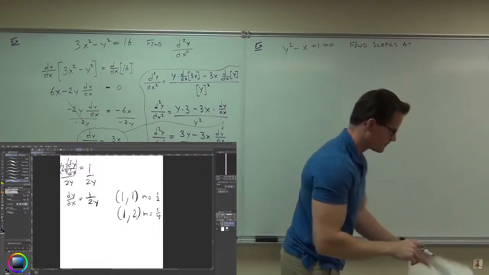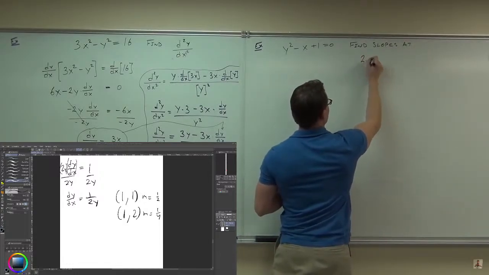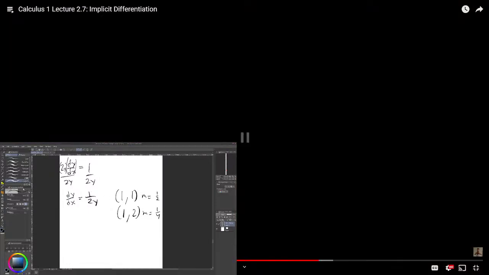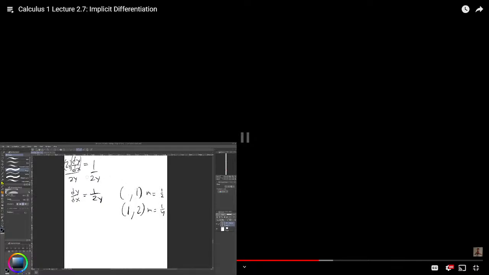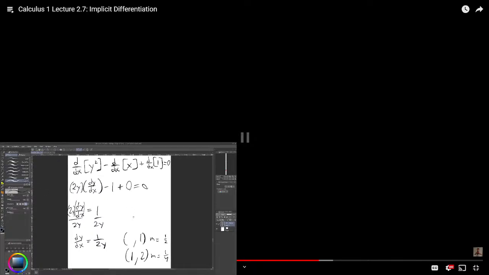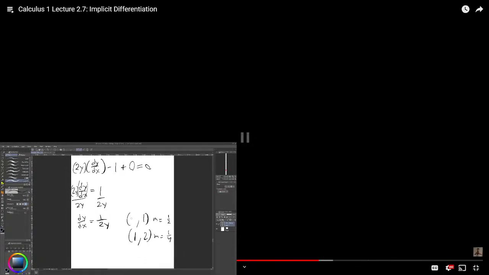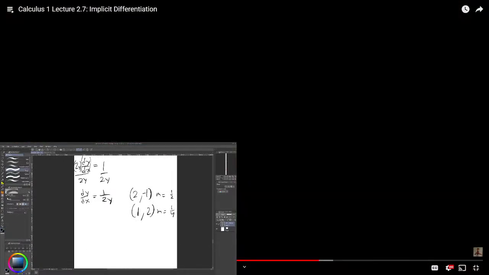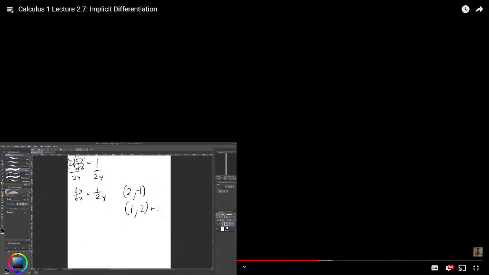Find slopes at 2, negative 1. Oh, okay. And 2, 1. Notice something interesting that happens.